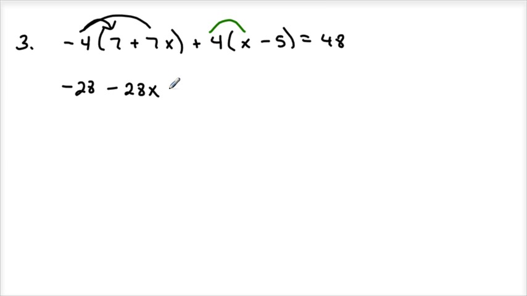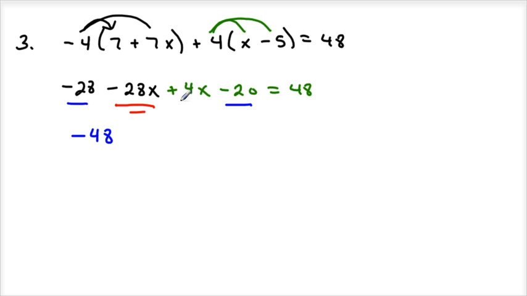Positive 4 times x is positive 4x. Positive 4 times negative 5 is negative 20, equals 48. Okay, my like terms: I have negative 28 and negative 20, that's negative 48, and I also have negative 28x and positive 4x, so negative 24x, equals 48.